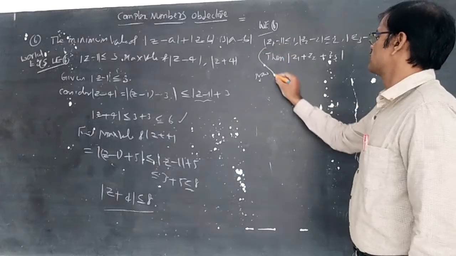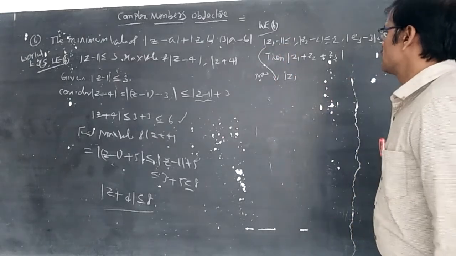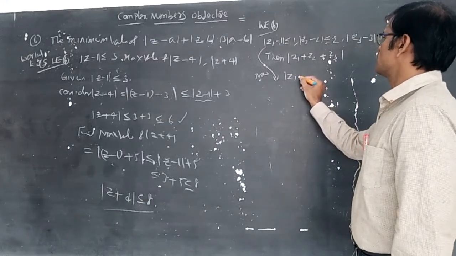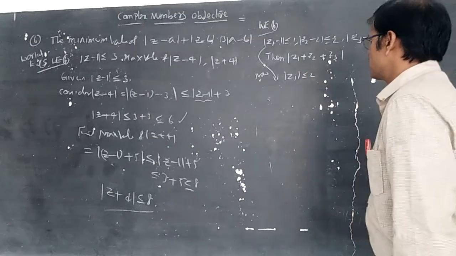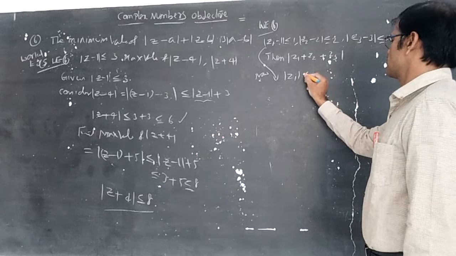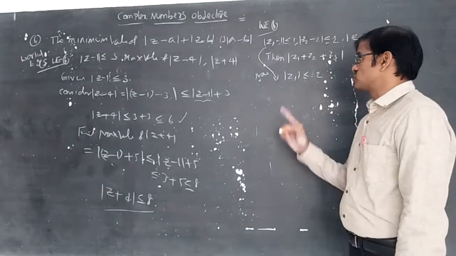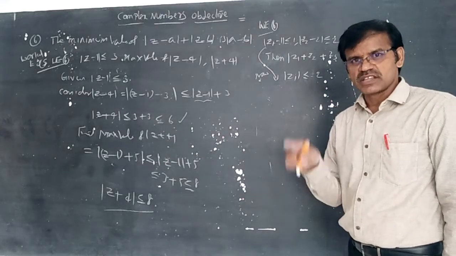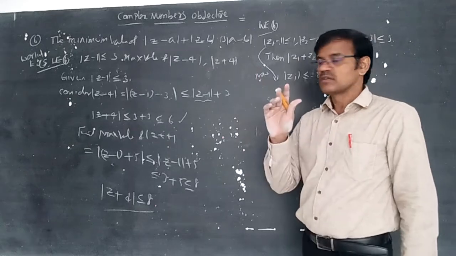Now, observing this, we can write, taking only simple numbers, modulus of z1 minus 1 is less than or equal to 1. Next, modulus of z1 minus 1 is less than or equal to 2, less than or equal to modulus of z1 plus 1.